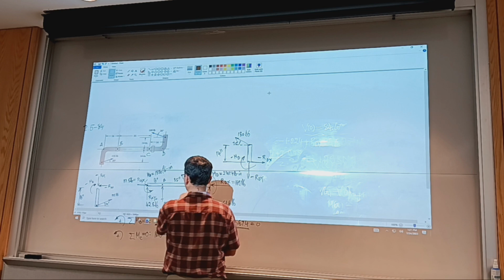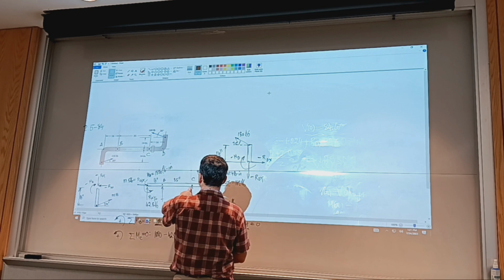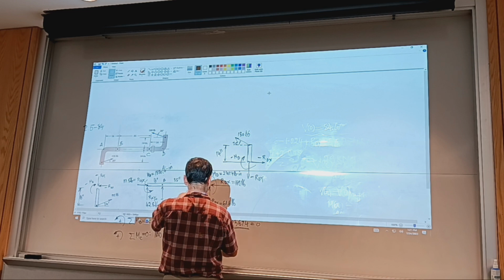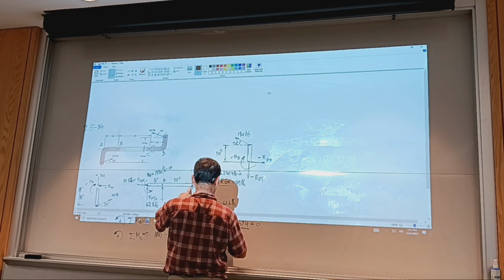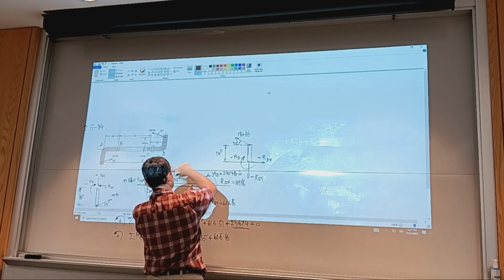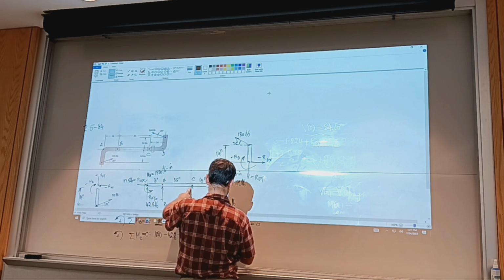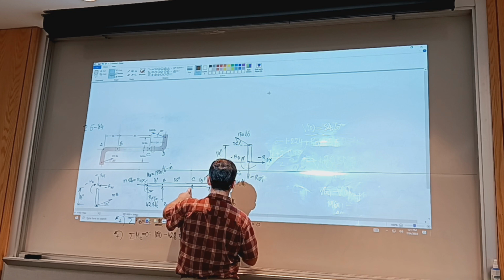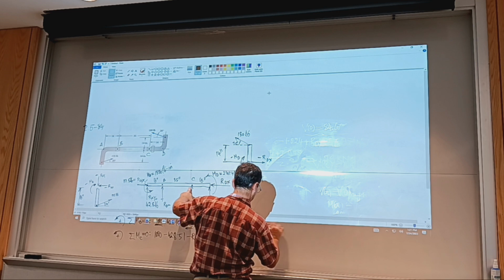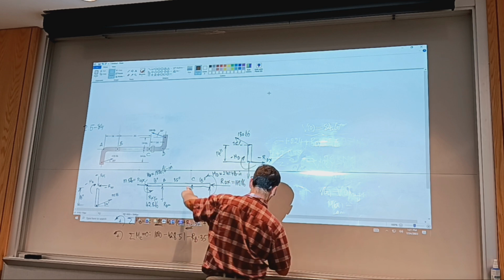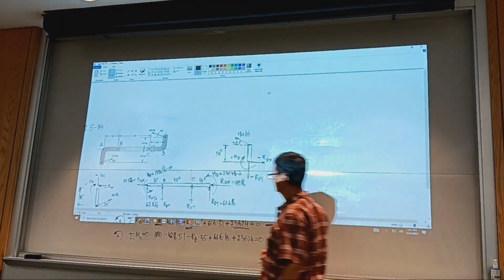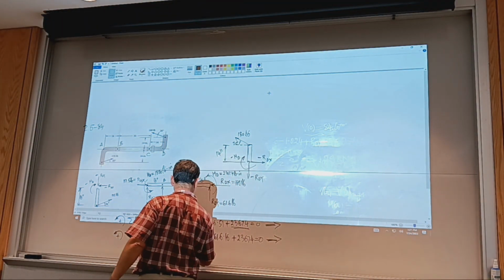And likewise, clockwise, opposite counterclockwise. And then I move to this side, and I have a positive 61.6 times 16. Okay. And then I have plus 2367.4 equals 0. Okay. So from these two, I can extract or calculate RB and RC.